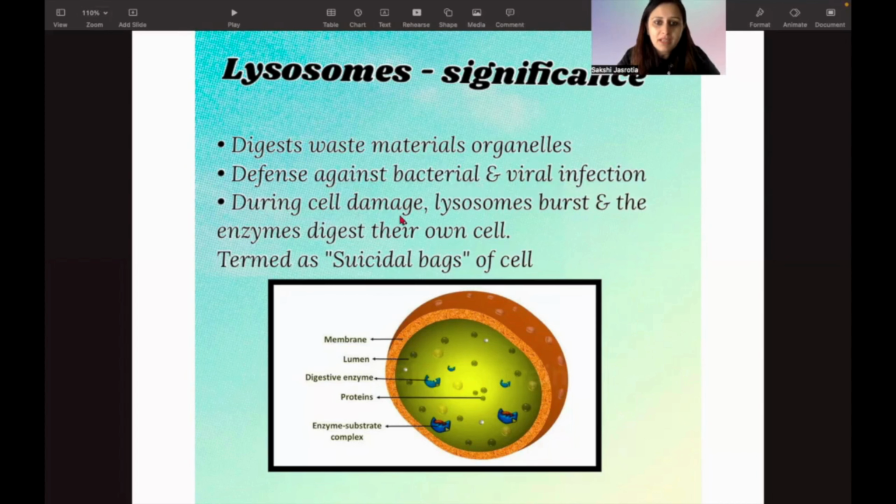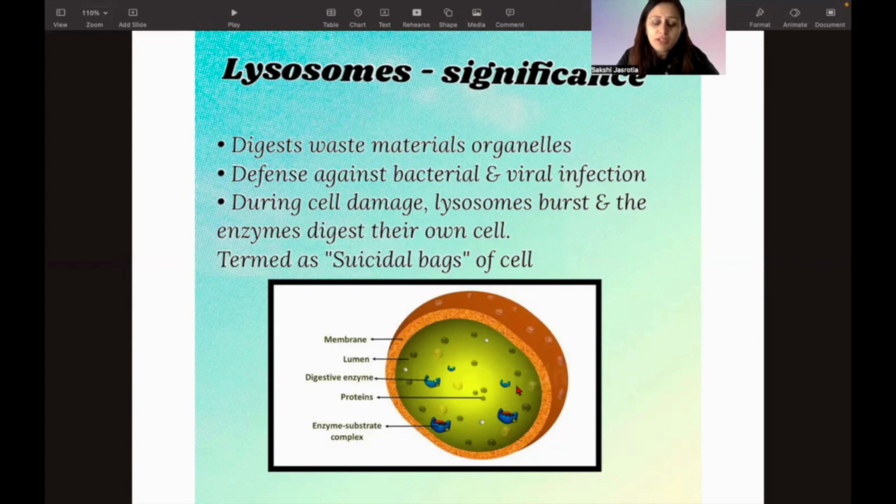Now during the cell damage कई बार क्या होता है कि lysosomes जो हैं ये ऐसे तो सेल के अंदर present हैं, right? So they burst out and the enzymes digest its own cell. अब वो कैसे होता है कि सबसे पहले जो इनकी membrane है, as you can see over here, this membrane is very thick, but sometimes what happens कि कुछ rupture हो गया, the cell malfunction हो गया सेल में, then the juice gets released out from the lysosome, and then these lysosomes start digesting its own membrane and spread out in the cytoplasm and start digesting whatever it gets.